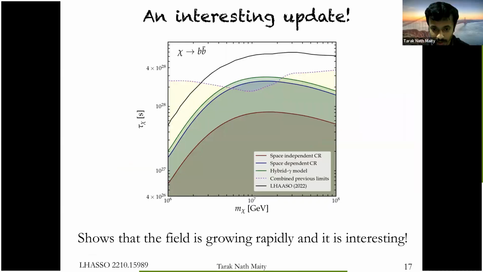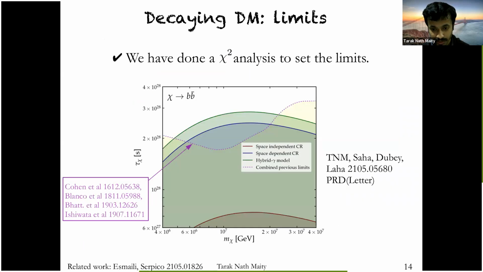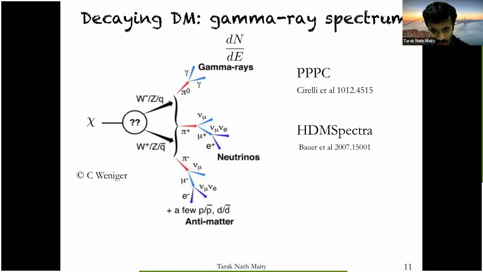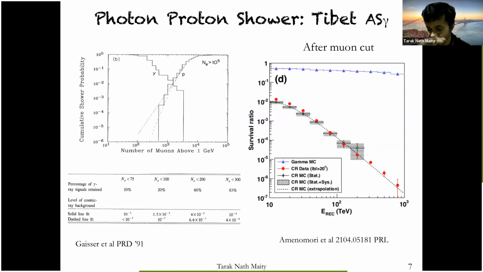So first of all, what we are trying to get rid of is the cosmic ray flux, that is, the proton and other element flux. What you are observing here is the gamma ray flux. People have written different models for the gamma ray flux that could appear from the cosmic rays themselves.